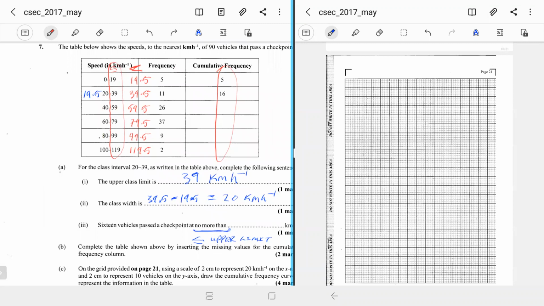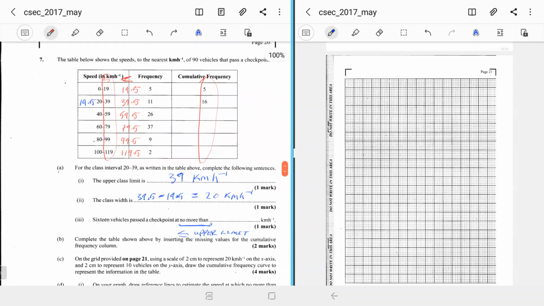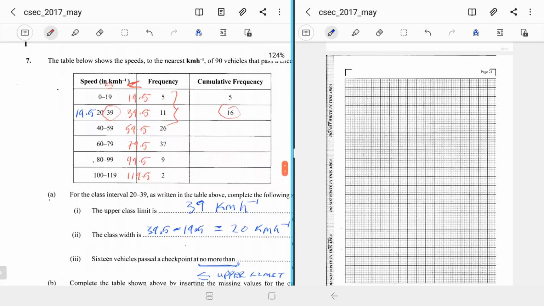They want to know how many vehicles at a speed. 16 vehicles were less than or equal to what speed? Were less than or equal to the upper limit speed, 39, because we know that is 16 cars, see there? 16 cars total. All of these cars, speed, were less than or equal to 39, including all of these values down here.